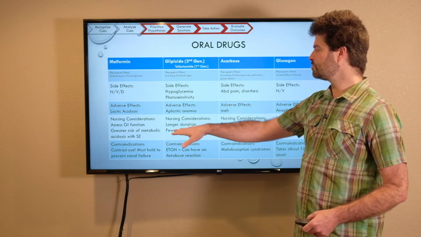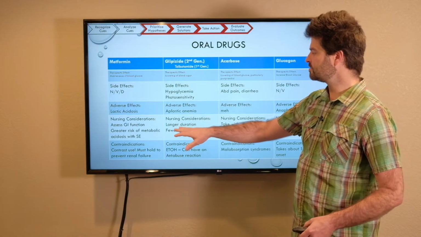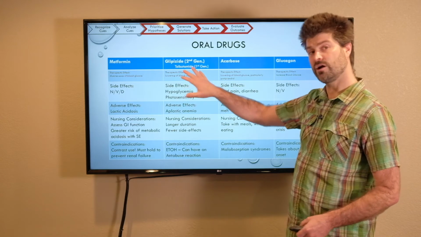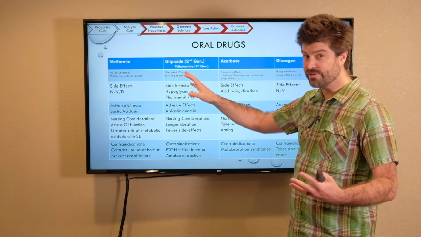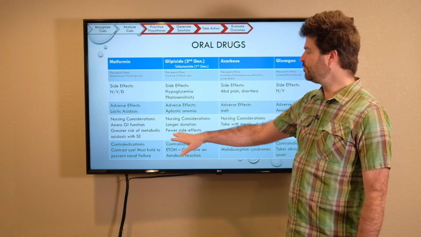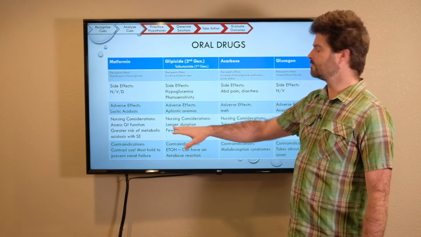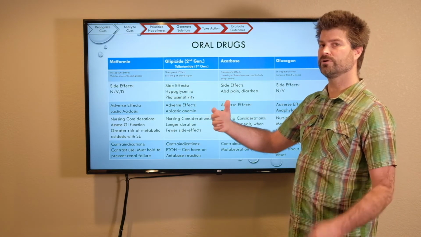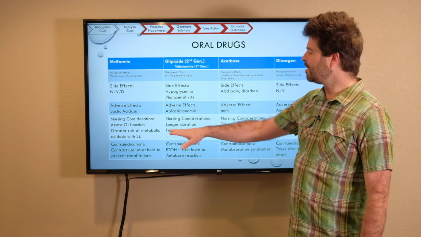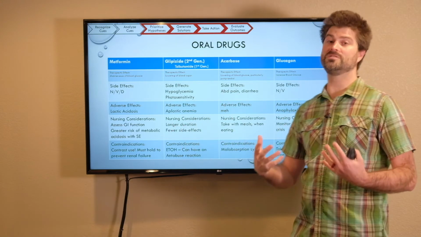So these are longer duration medications; patients are going to be taking this for a long period of time, hopefully. Sorry, let me back up because I'm tripping over my thoughts here. Longer duration is how patients are going to be taking this drug, right?